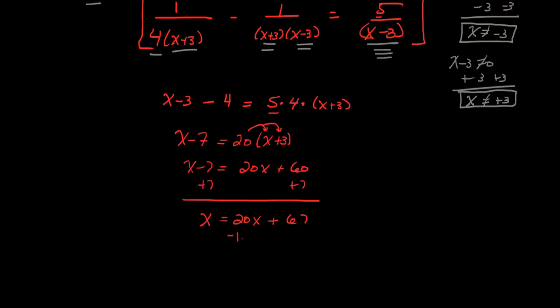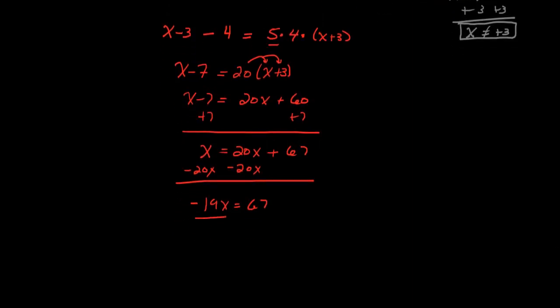And I'm going to subtract 20x on both sides. And I get negative 19x equals 67. And I divide both sides by negative 19.